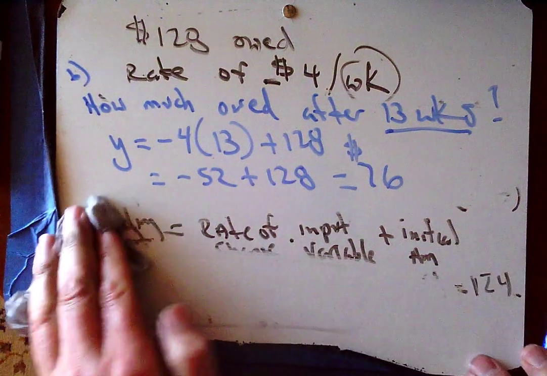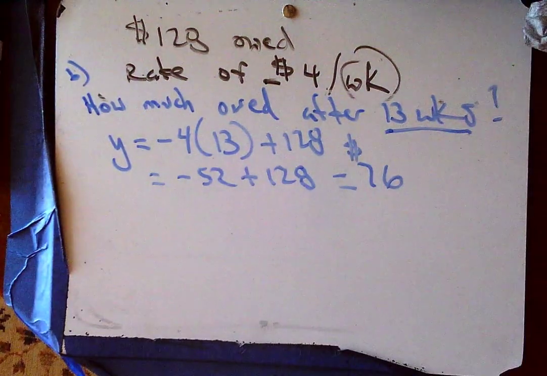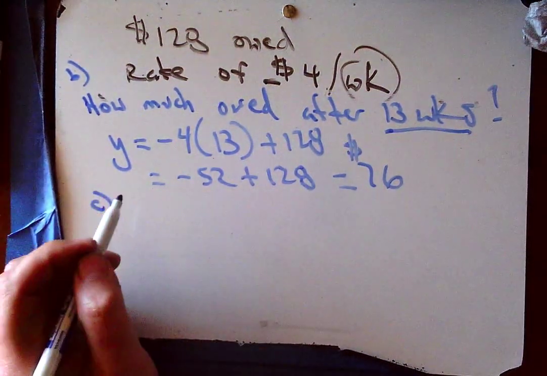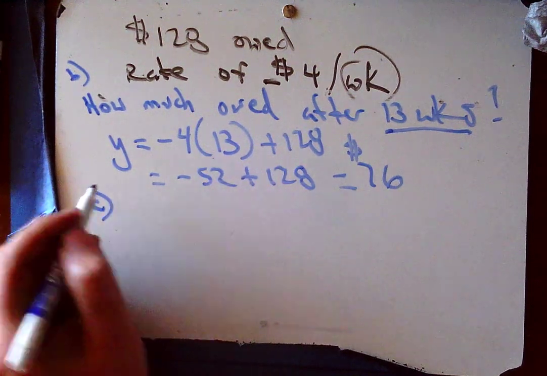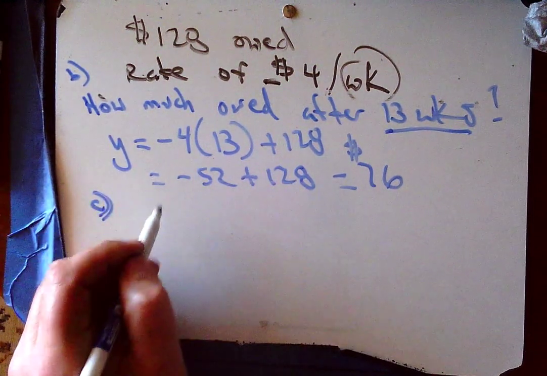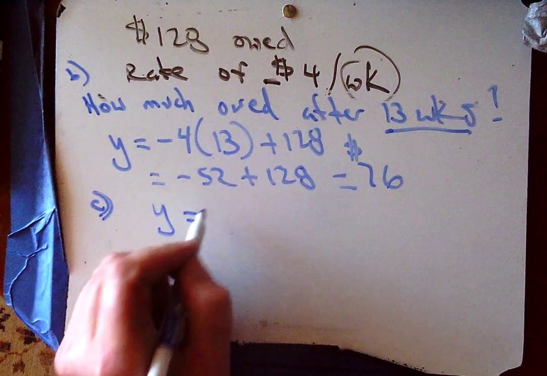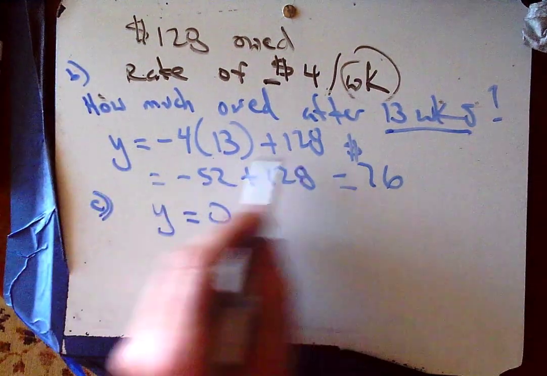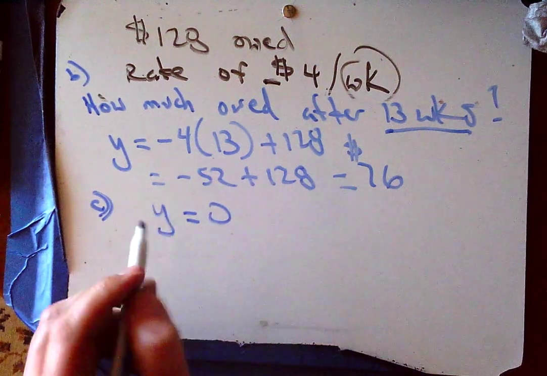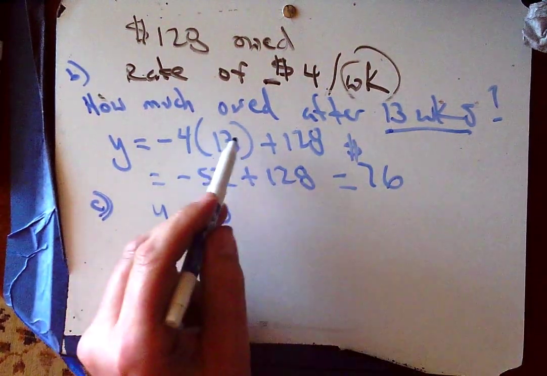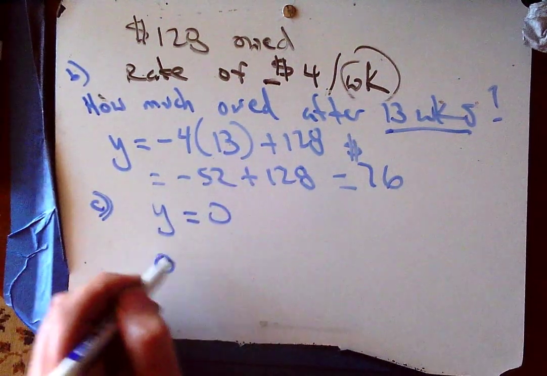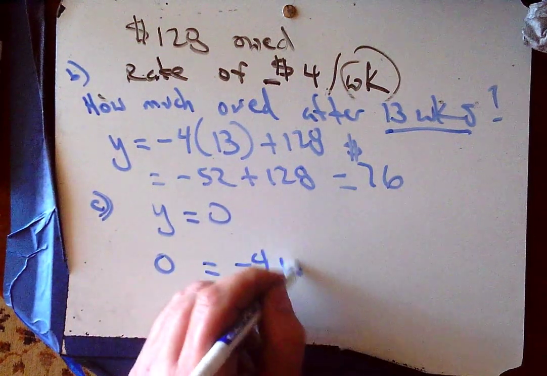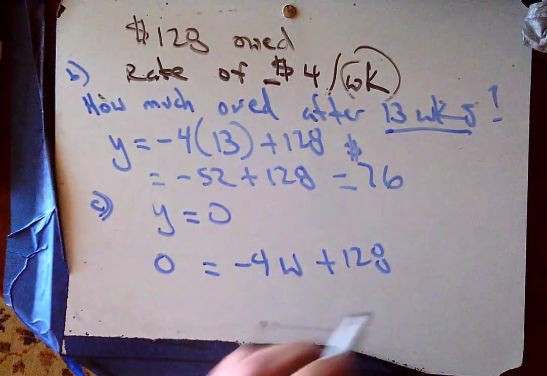Okay? And then let's ask that last question. When will your brother finally be done paying you off? As in, when does the amount owed equal 0? Okay, when does our function equal 0? Well, now we want to plug the 0 in not for weeks, but for y. 0 equals negative 4w plus 128.